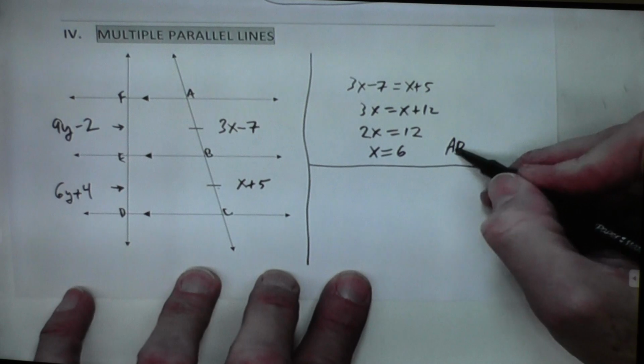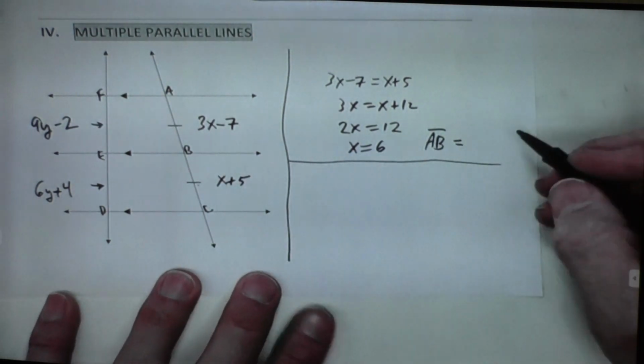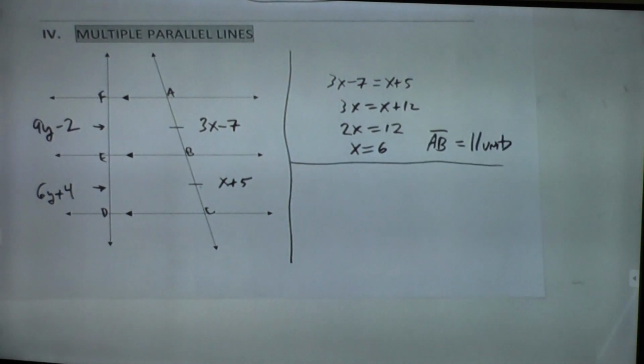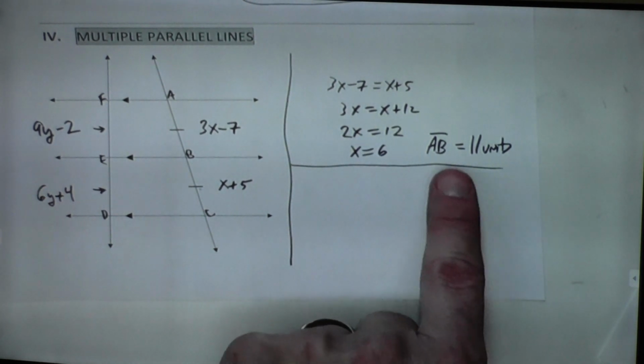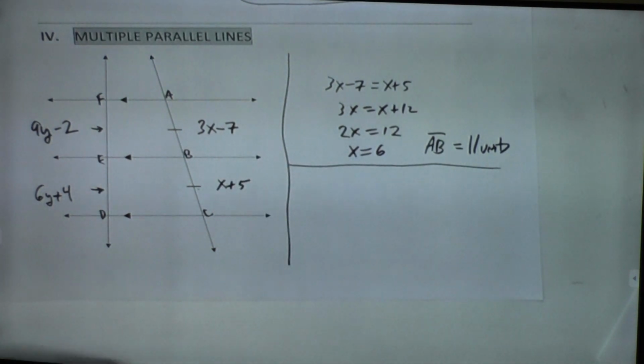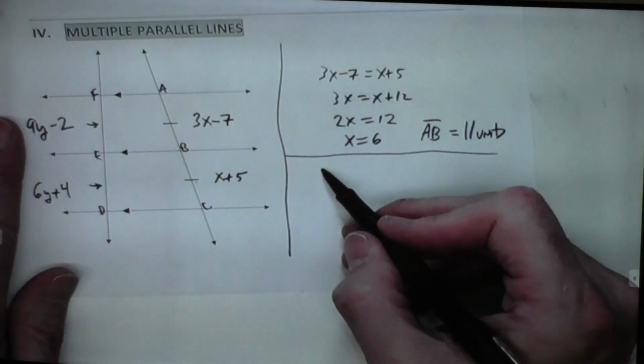So if I said AB, the amount of AB is 18 minus 7, so it would be 11 units. I don't know which way I'll ask you, so just be ready. If I just say solve for x, you have to do that. If I say give me the length, then you have to put the x back in for it.